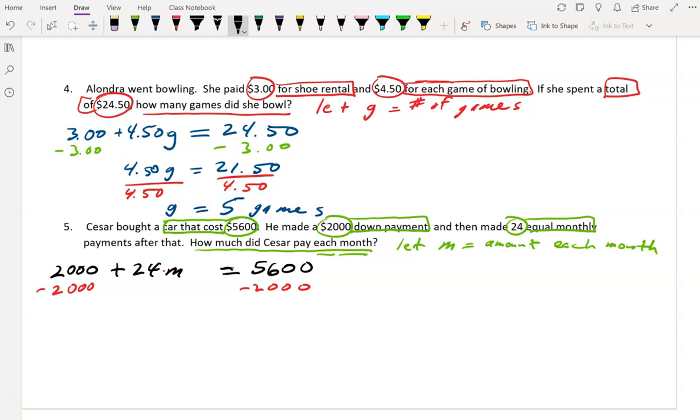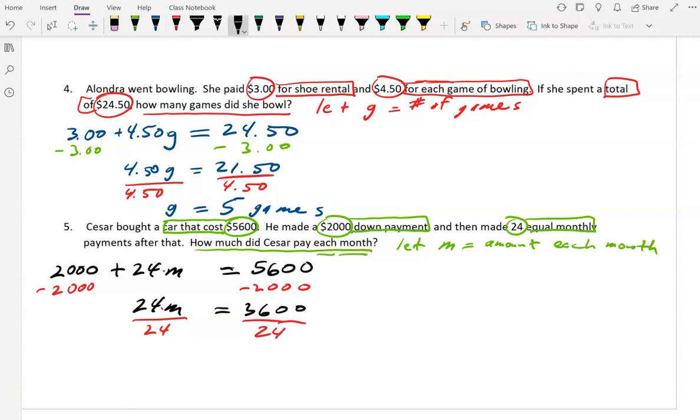And when we do that, we get 24M over here, and 5,600 minus 2,000 is 3,600. And then we will undo the multiplication that we see here by dividing by the coefficient of 24.